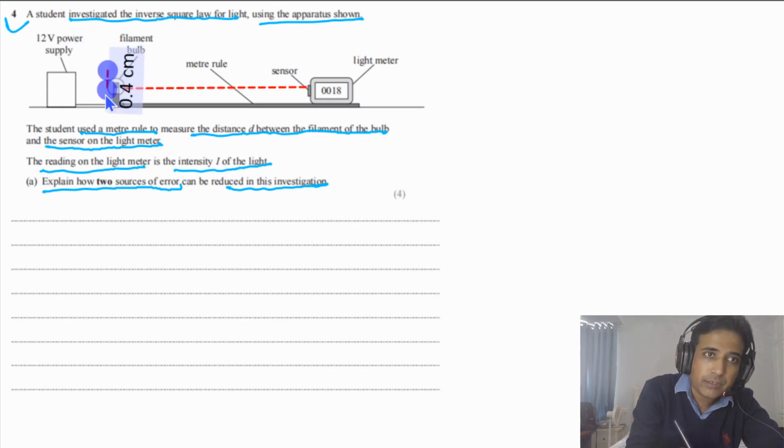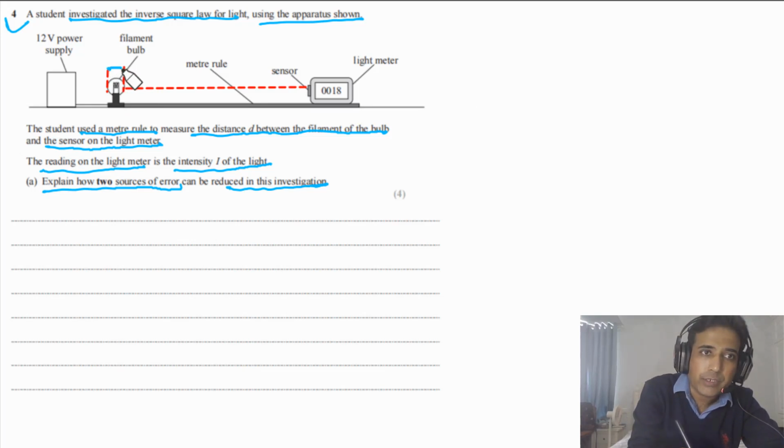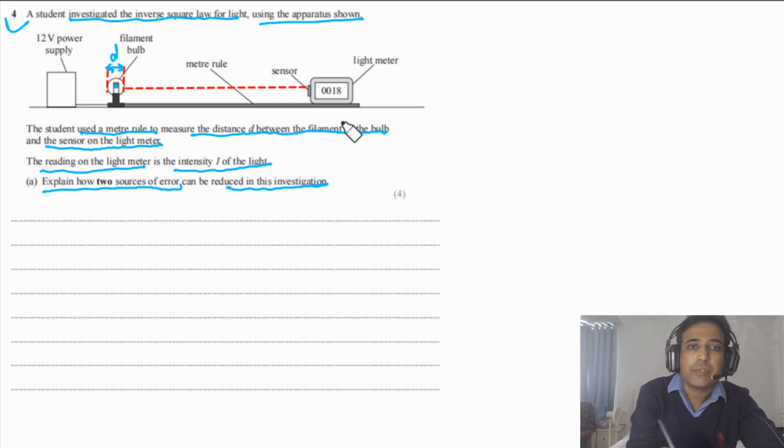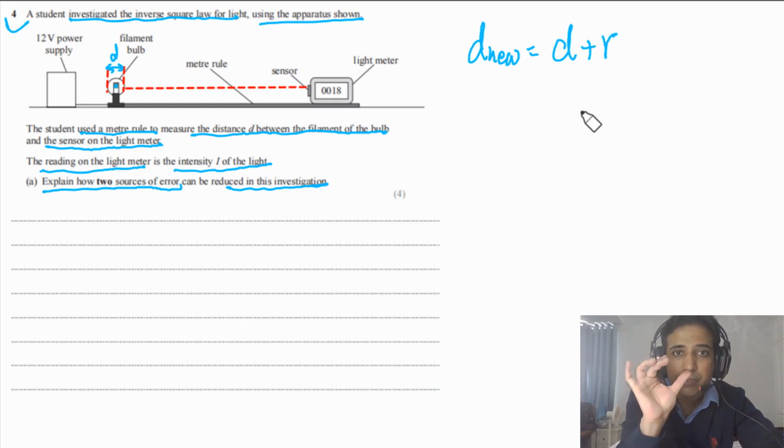So we can take this point and this point, find the diameter, and then the value of the radius. We need distance from the center of this filament. So the new value of d should be d plus the radius of the bulb. So this is how we can minimize the error.